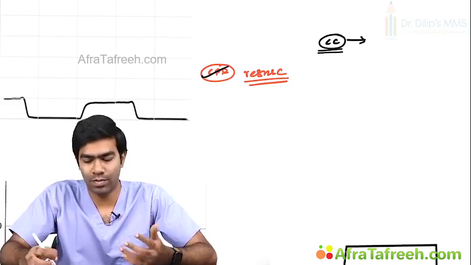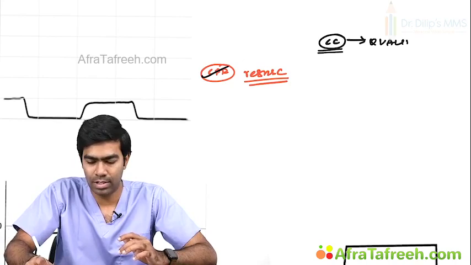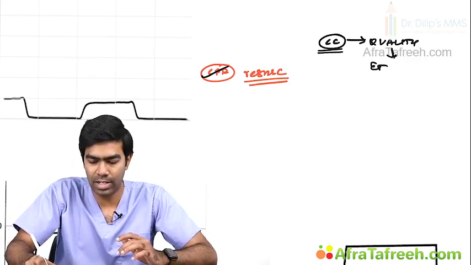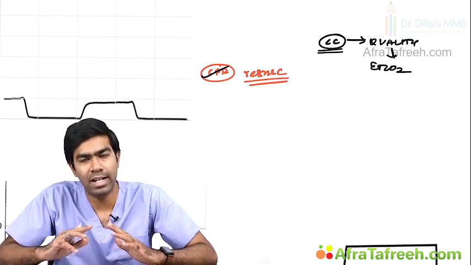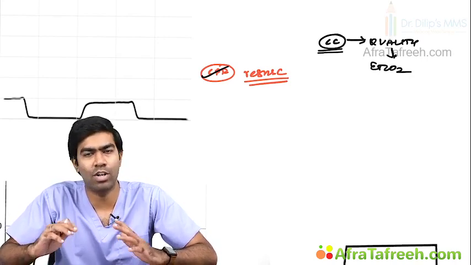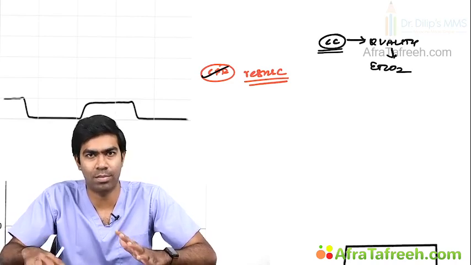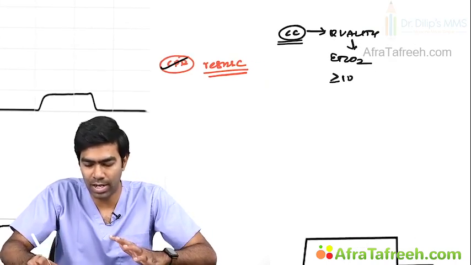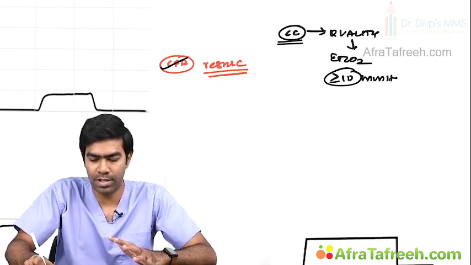The quality of the chest compressions can be assessed by EtCO2, where the guidelines clearly tell that for good quality CPR and chest compressions, your EtCO2 should be at least more than 10 millimeters of mercury. So if you are monitoring the EtCO2 during CPR and the values are less than 10 millimeters of mercury, what you have to do? You have to try and improve your chest compression quality, or your CPR quality.